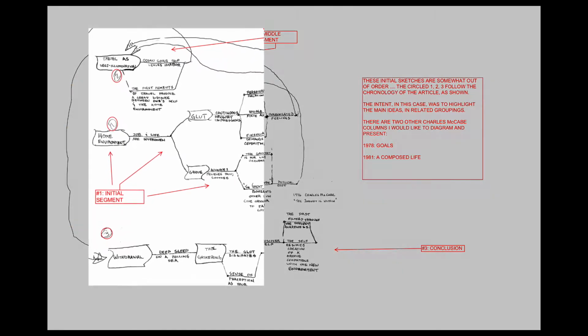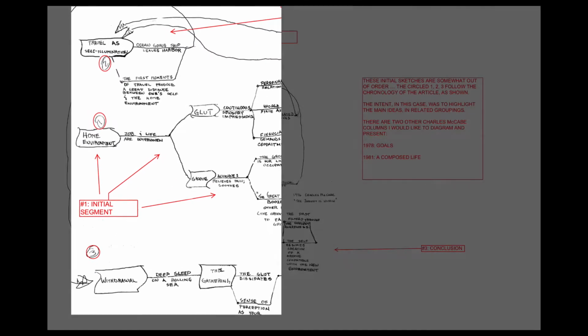Let's look at Dennis's original handwritten chart. Notice at first that he started sequentially following the article, but as he analyzed the content more closely, he chose to reorganize his three main points and presented them differently.